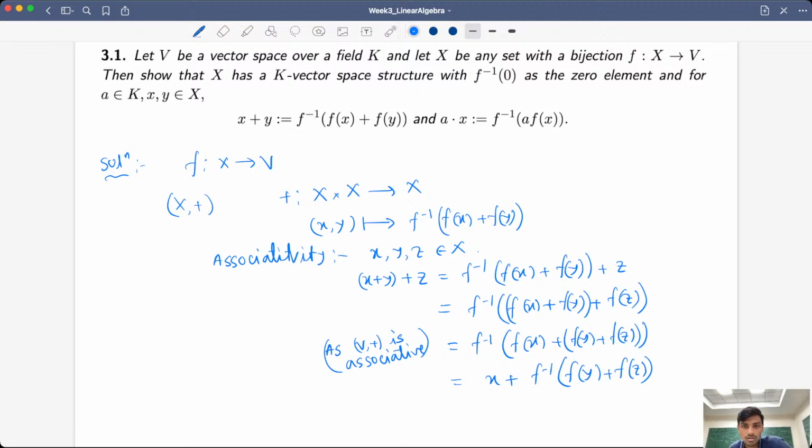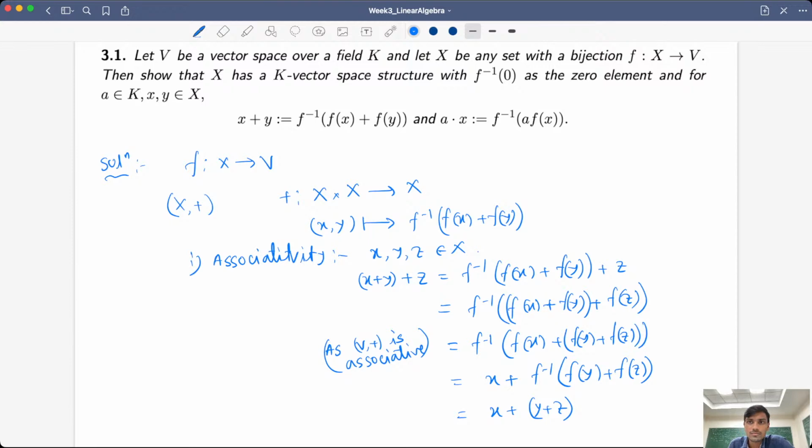By definition this is y plus z, so this is x plus y plus z. So this shows that this is true for any x, y, z belonging to X. So this proves the associativity of this plus defined on X.